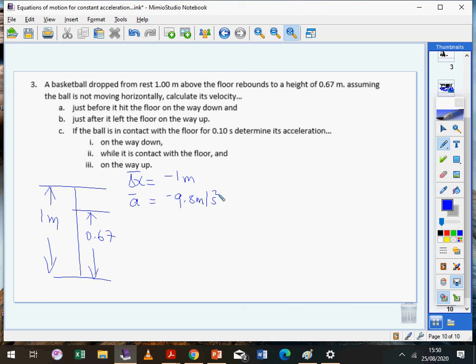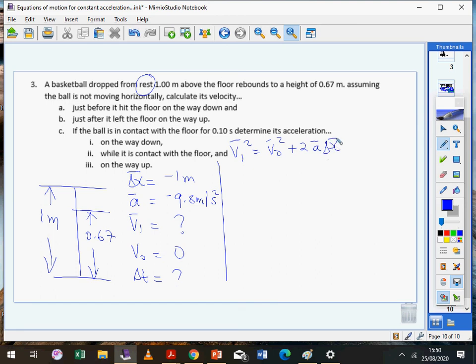I want to know its final velocity just before it hits the ground. Do I know its initial velocity? Yes, they told me it was dropped from rest, so it's 0. For now, I don't know how long it's going to take to hit the ground, but I can use the same equation, v1 squared equals v naught squared plus 2a delta x, to find the final velocity.